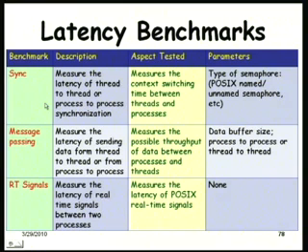So, we are just starting to discuss the latency benchmarks, where we will consider three parameters: the sync, message passing, and real time signals. The sync here will measure the overhead due to synchronization, or the latency that is introduced due to the synchronization primitive.